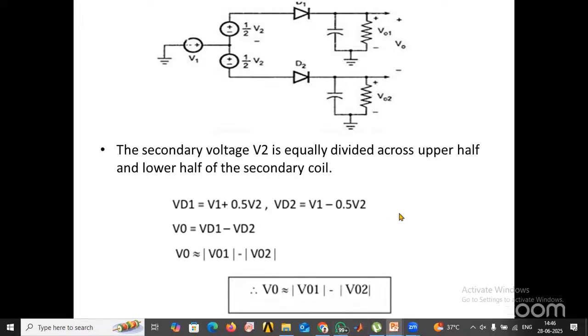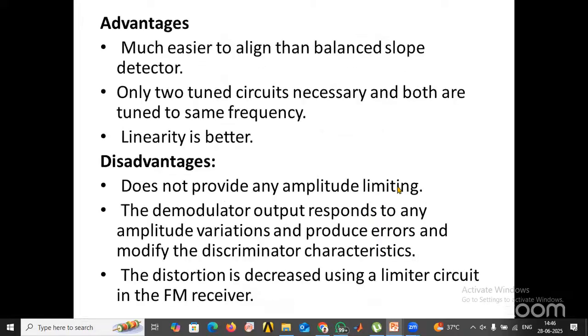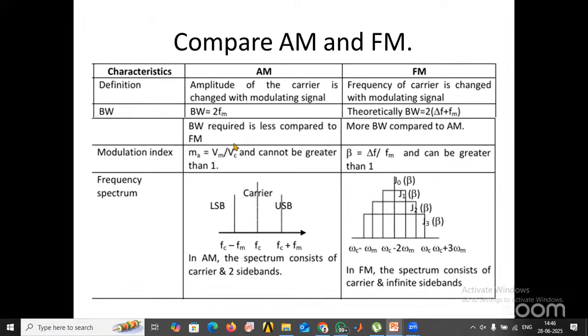So the amplitude limitation is also possible. This is the advantage of the Foster-Seeley discriminator. It is much easier, because there is no tuning, so very much easier. To avoid the amplitude problems, we are using amplitude limiter circuits.